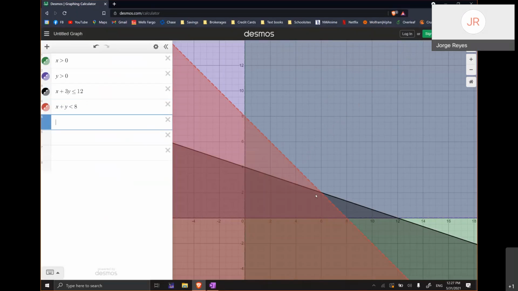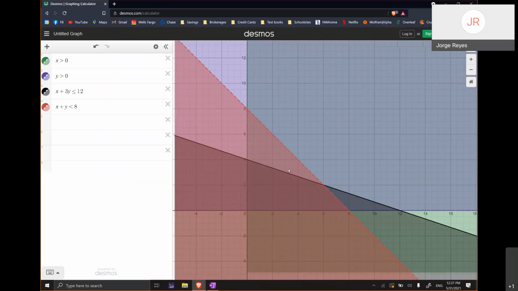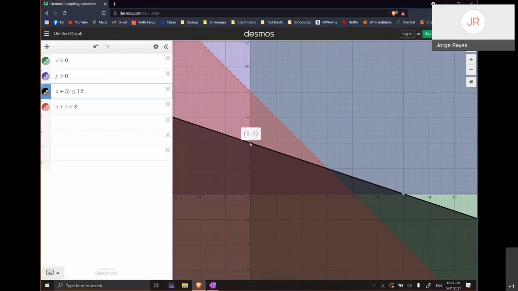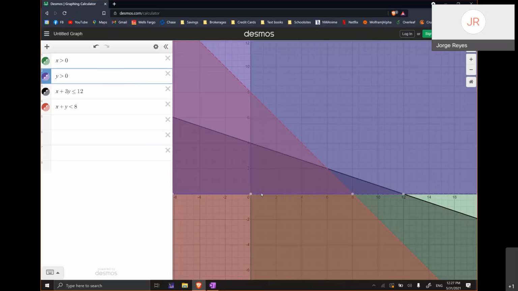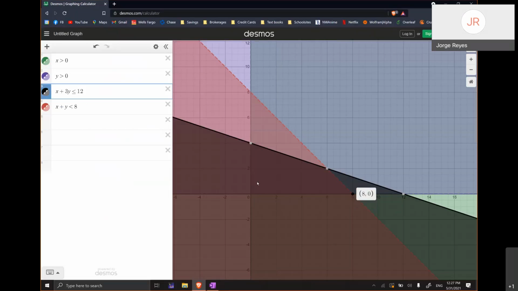So this is the last one. And we see the parts where all 4 colors are, right, would be this quadrilateral, right? This chunk right here. That's where all 4 of them overlap. So this quadrilateral is the answer.